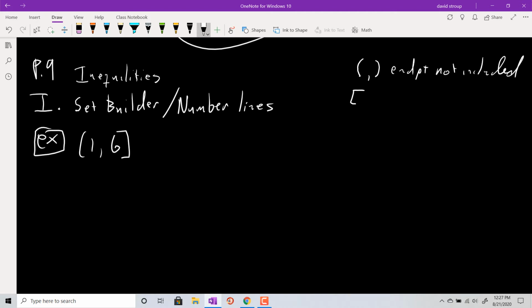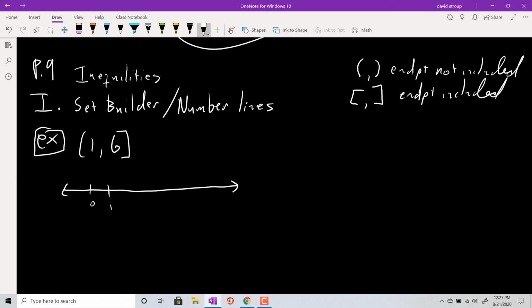A bracket means you do include the endpoint. Endpoint included. So this interval notation means that, and let's go ahead and put it on the number line, right? Maybe that'll help. So I'll just pick some numbers, 1, 6, 7.